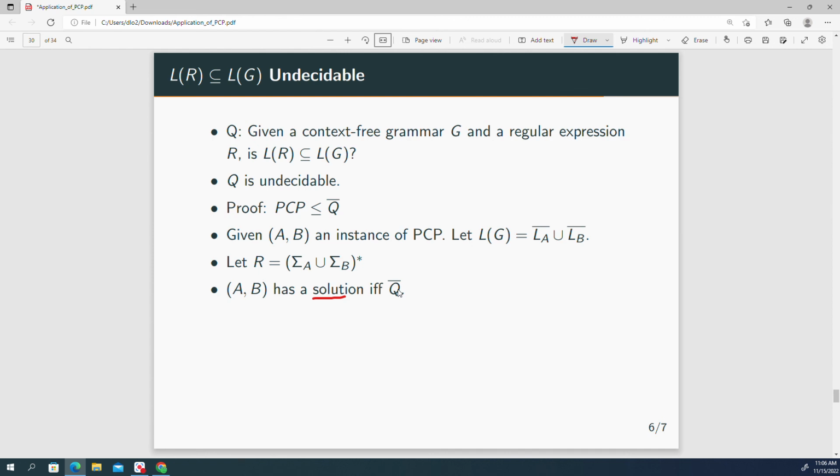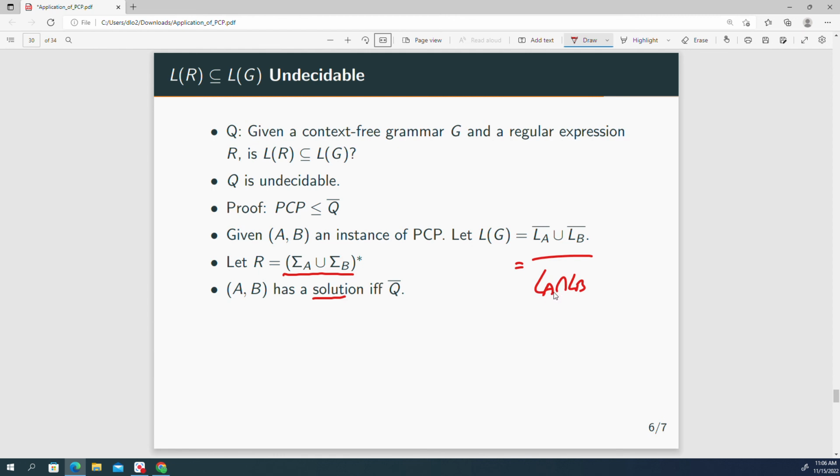Because, don't forget, this is the LA intersect LB. The left hand side is everything, and the right side is almost everything but the solution.